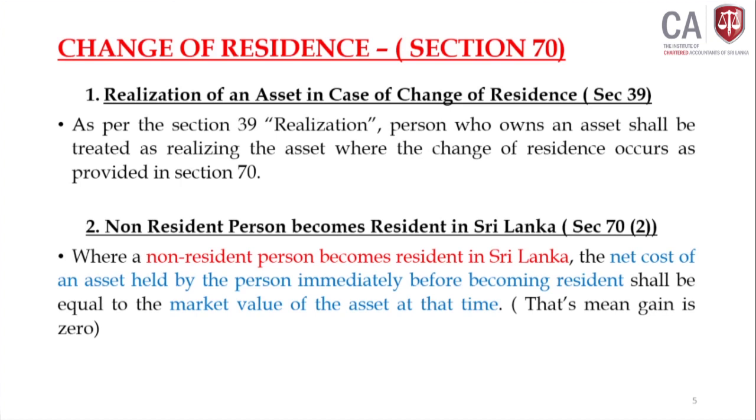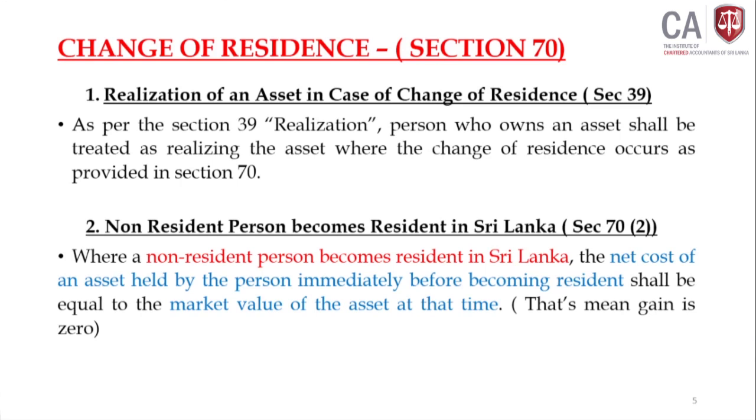Going forward, we will look at what this change of residence covered under section 70 is. First let me explain the theoretical part, and after that we will go for the practice questions. The topic is realization of an asset in case of change of residence. The initial provision is in section 39. Can you remember section 39 of the Inland Revenue Act, talking about the realization of assets and liabilities?